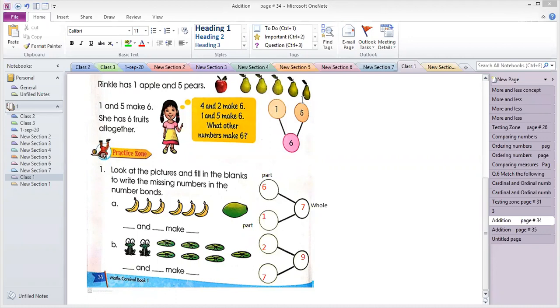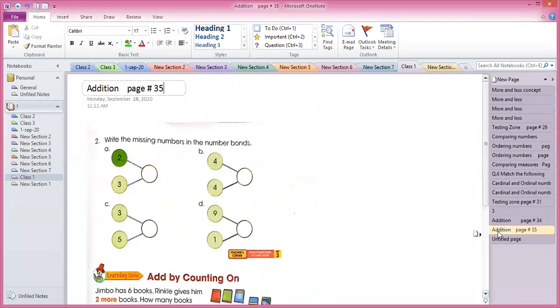Okay. Now we are moving to the next question. Come to the next page, please. That is page number 35.